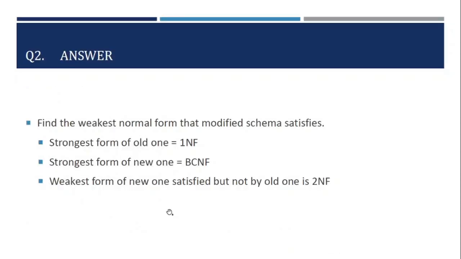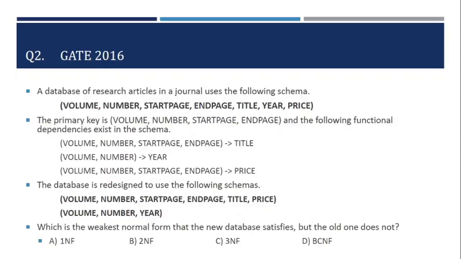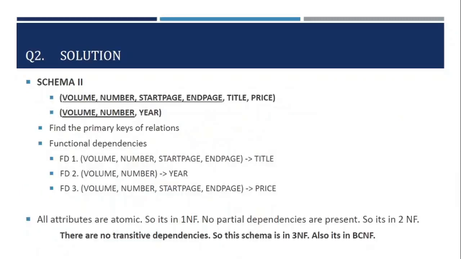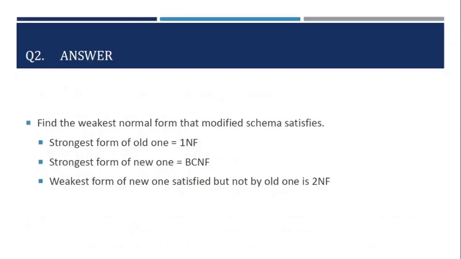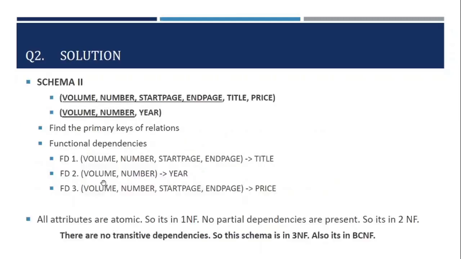Now the question is, which is the weakest normal form that the new database satisfies, but the old one does not? The strongest normal form that is satisfied by the old one is first normal form. And the strongest normal form that is satisfied by the revised one is BCNF.